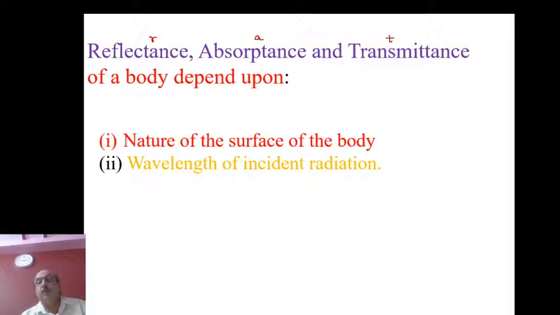It means the surface will affect the reflectance, absorptance and transmittance. And the second is the wavelength of light radiation which is falling on the surface.